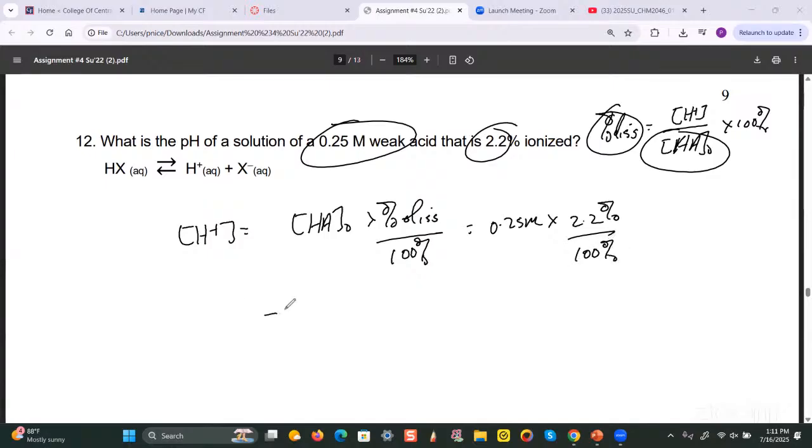And that would give 25 times 2.2 divided by 100. So that gives you 0.55. So therefore the pH is equal to what? Minus log of 0.55.